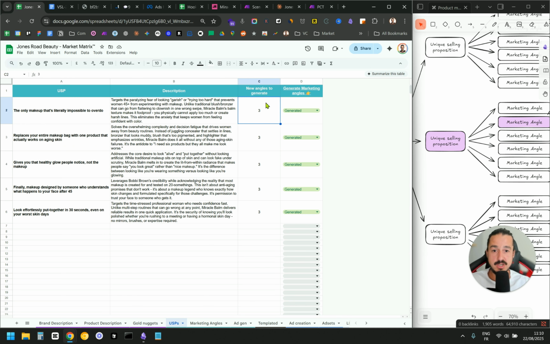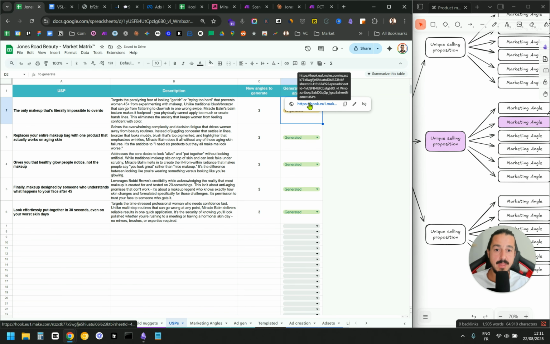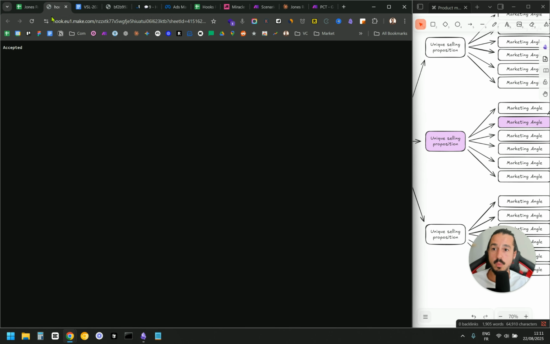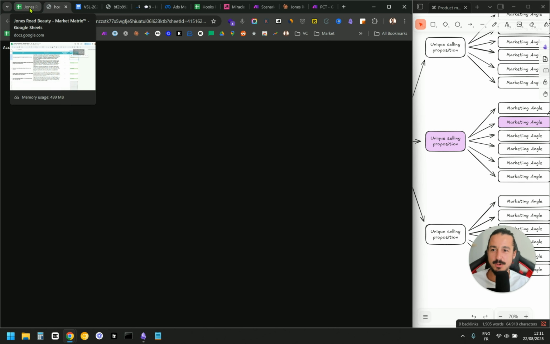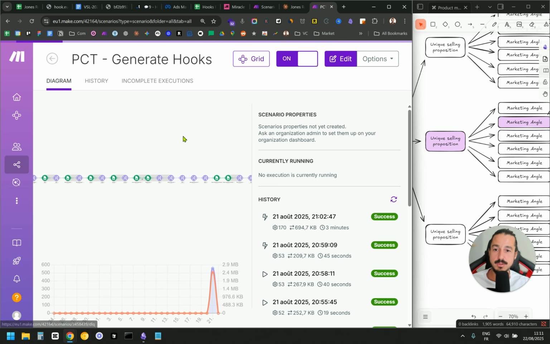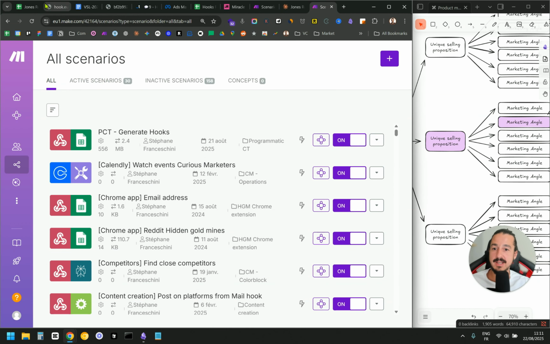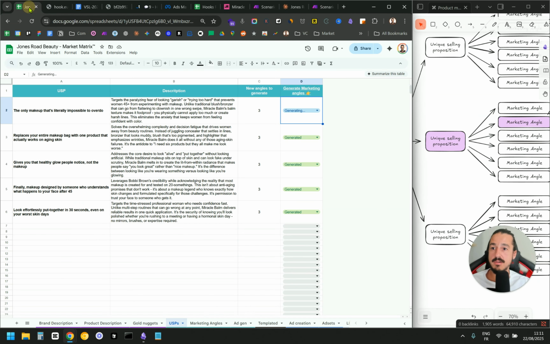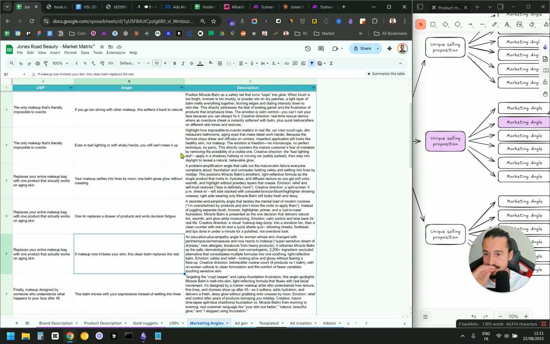Now when I generate marketing angles here, just for the sake of showing you, I click here. It triggers a webhook. Technical thing, you don't have to know that, but basically it triggers one of the automations that I showed you on the backend that is now generating the new marketing angles for this specific USP.